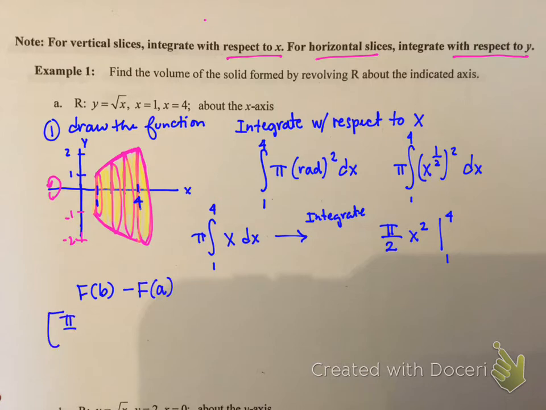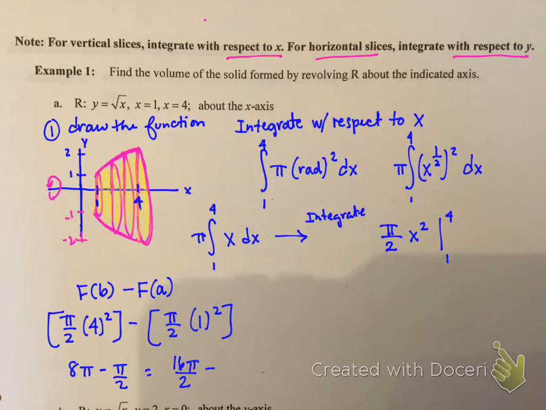I get pi over 2 times 4 squared minus pi over 2 times 1 squared. 4 squared is 16, 16 divided by 2 is 8, so I get 8 pi minus 1 squared is 1 times pi over 2, which is pi over 2. If I find a common denominator, it's going to be 16 pi over 2 minus pi over 2, which gives me 15 pi over 2. So that is the volume of the solid revolving around the x-axis.